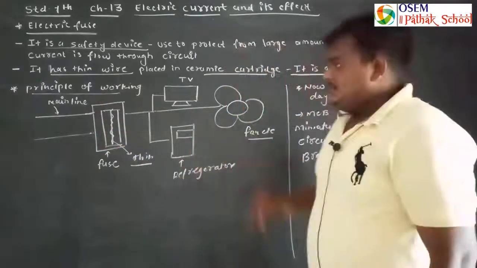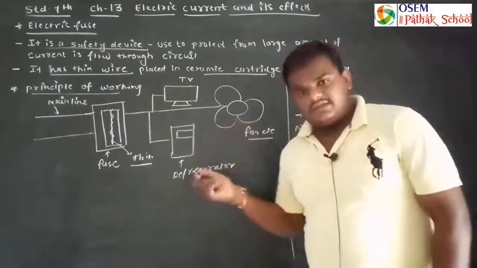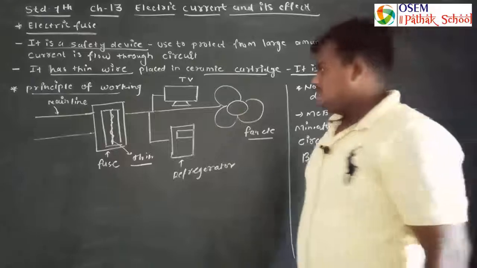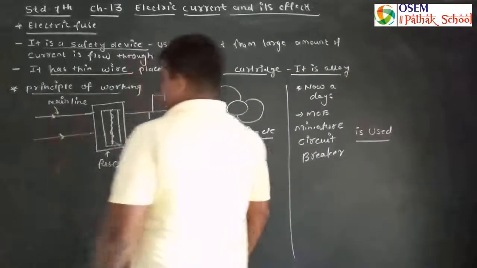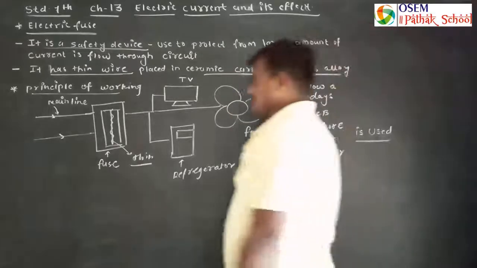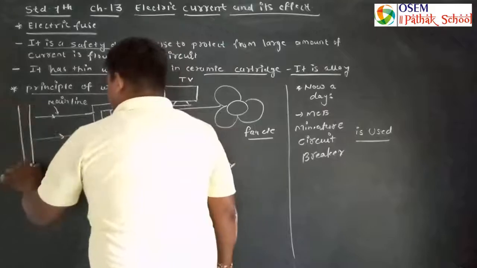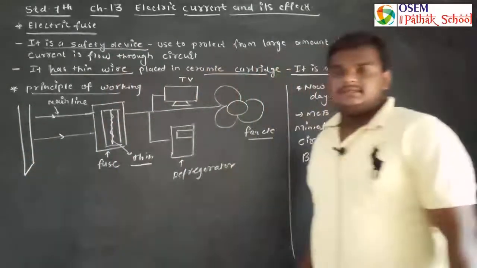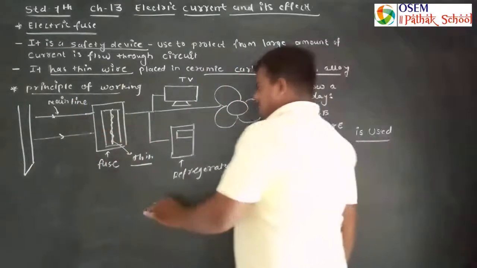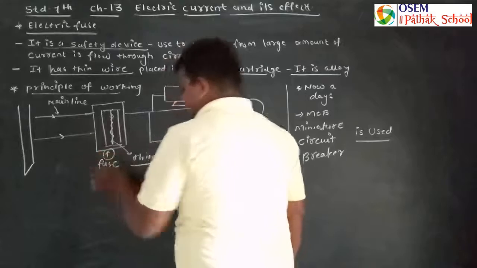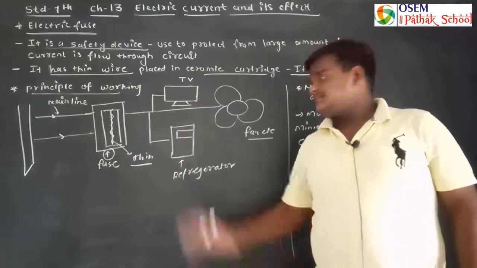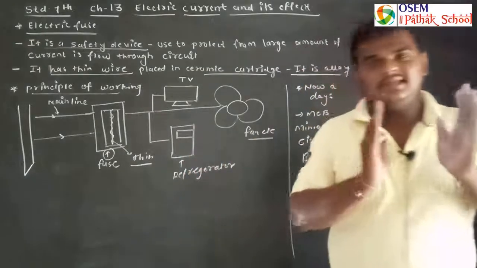Now we are going to learn about the principle of working of the electrical fuse. So suppose this is our main line which is coming from our nearest pole. Here was the pole, and from here the main line comes into our house. This is the main line coming from the nearest pole. So firstly it passes through the fuse. This is our fuse. It is installed in front of the house, before entering any appliances.